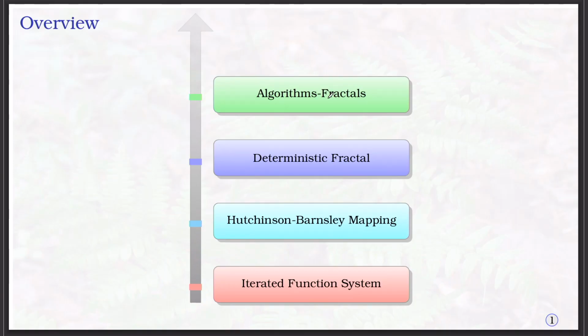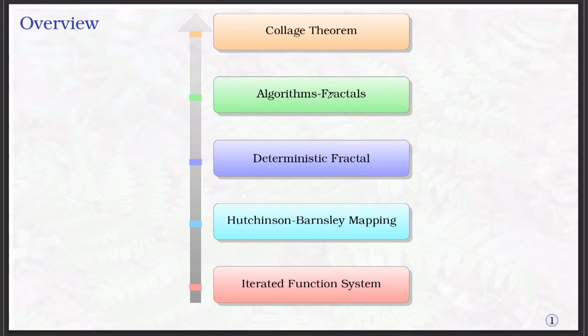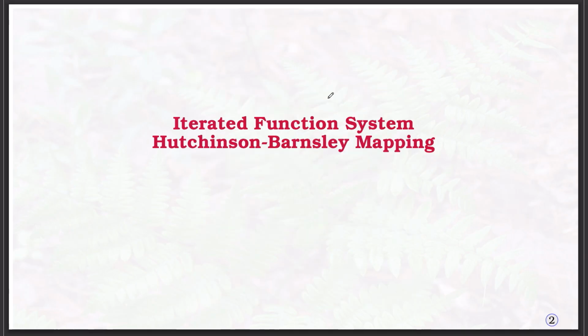Then we are going to discuss how to generate the fractals by using the iterated function system theory. There are two algorithms we are going to discuss, and we are going to discuss the collage theorem for finding the suitable iterated function system for the given set. For this, let us start with the iterated function systems and Hutchinson mapping.